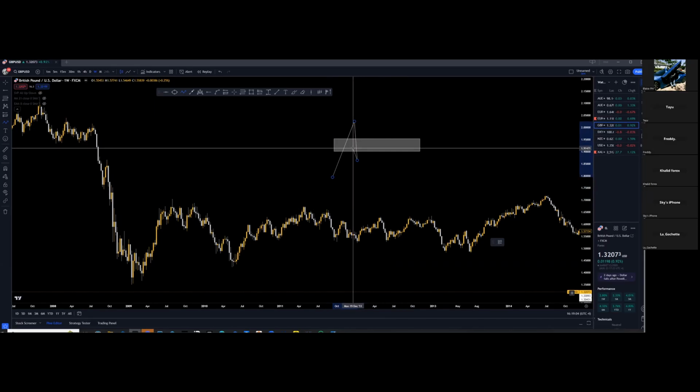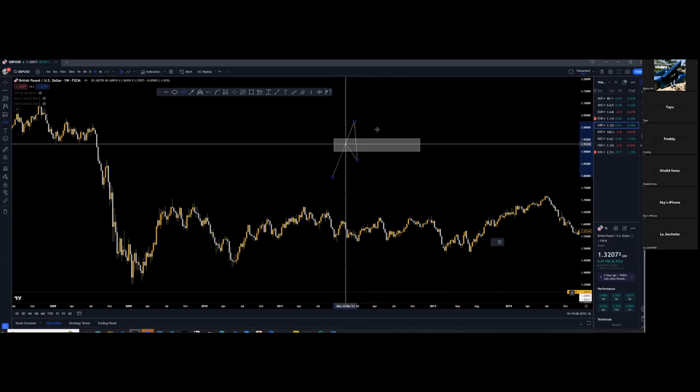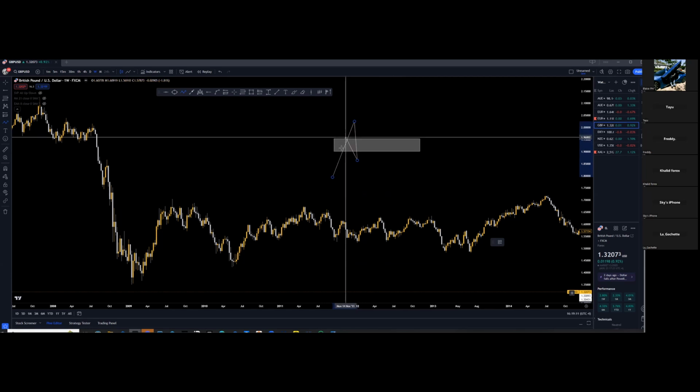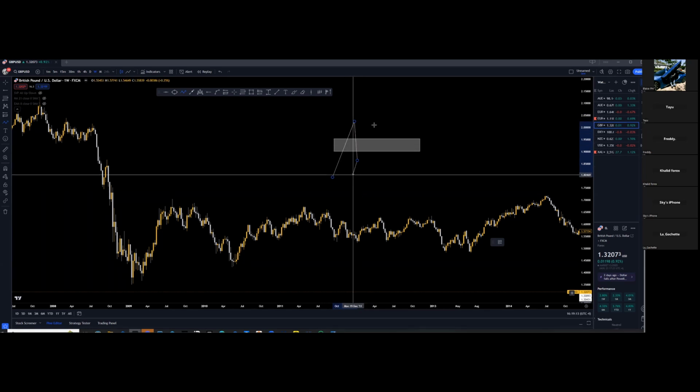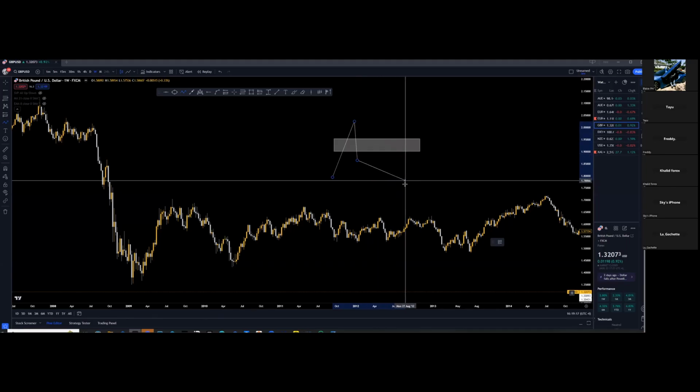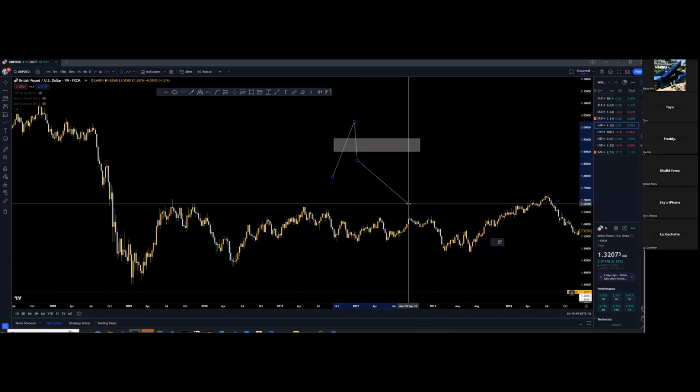So if I'm looking at the 1 hour demand zone, I only want to see a 1 hour candlestick close above it. But if a 30 minute or 5-minute candlestick goes above it and then comes back all the way, and it instead rejects instead of closing on the 1 hour, then that zone is still very much valid to me. Make sense, guys?